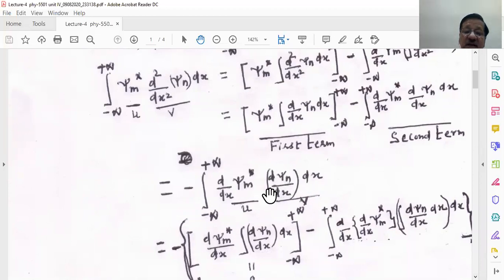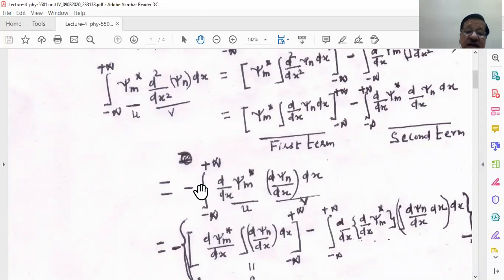So again you can solve this integration by parts. Again I consider this term as a function u of x, and this term d psi by dx, I consider another function v of x. So this is u of x, this is v of x.